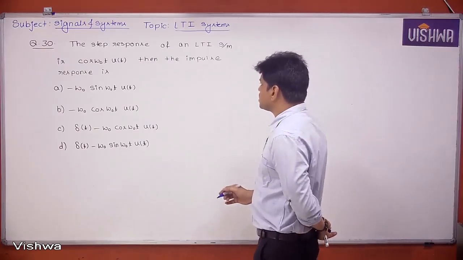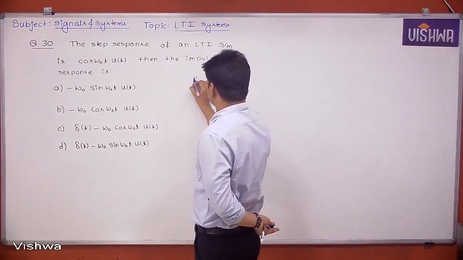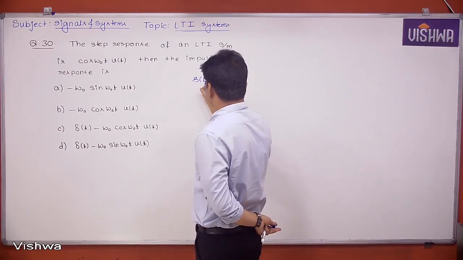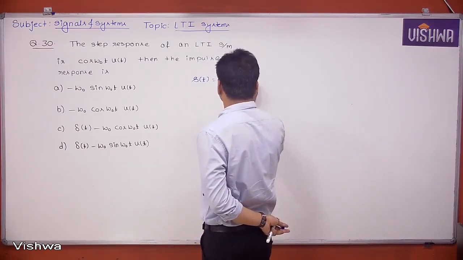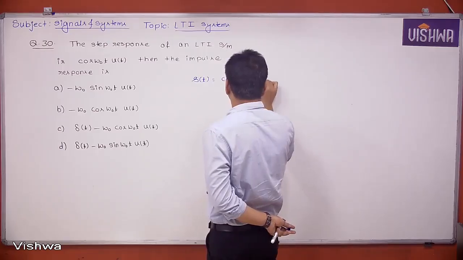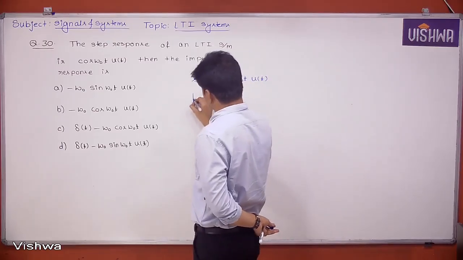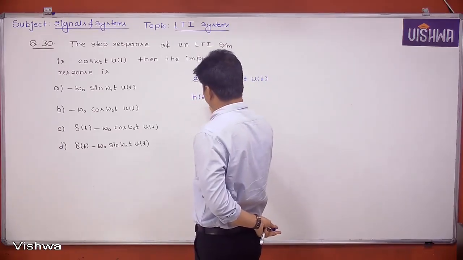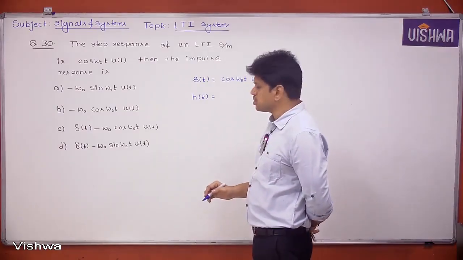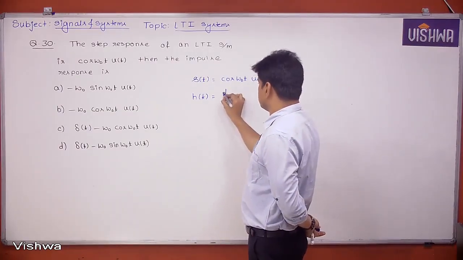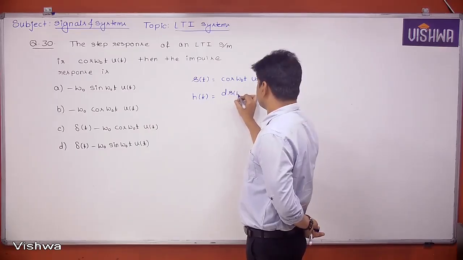They have given step response S of t, which is cos omega naught t u of t. They want to find out h of t. So we know the relation between step response and impulse response, which is nothing but dS of t by dt.